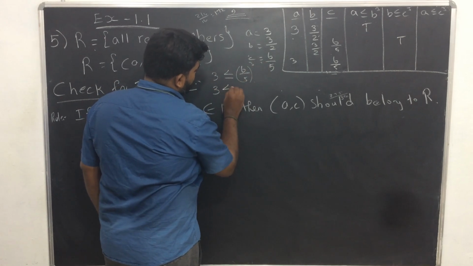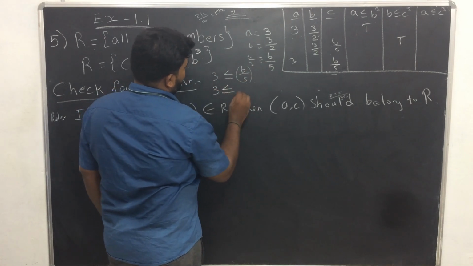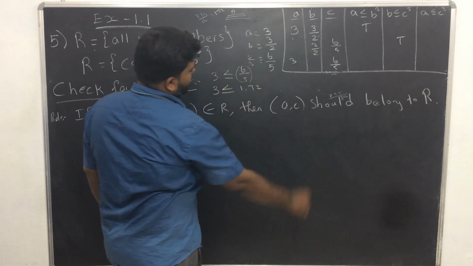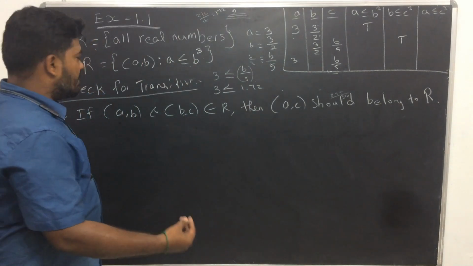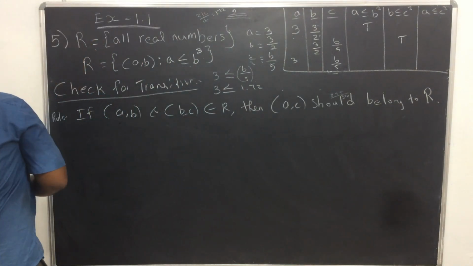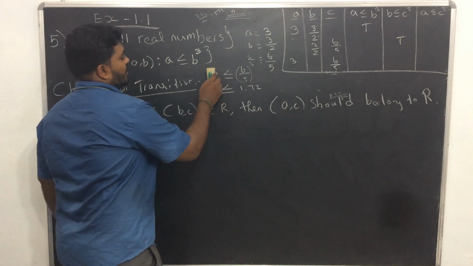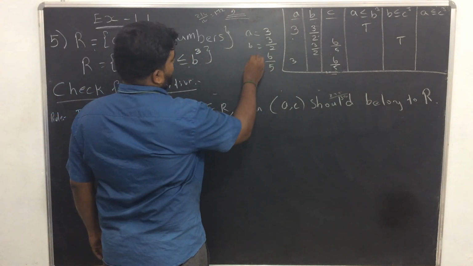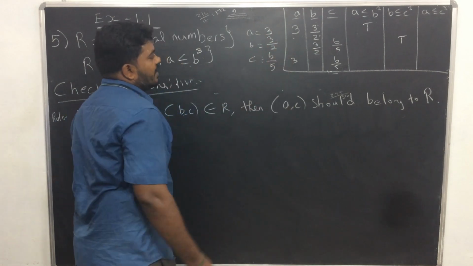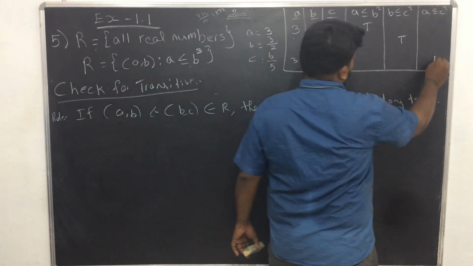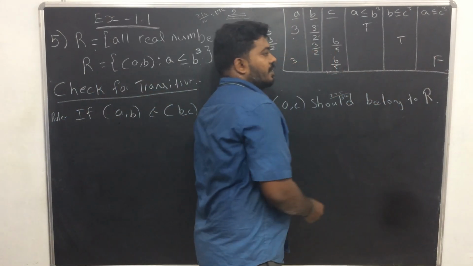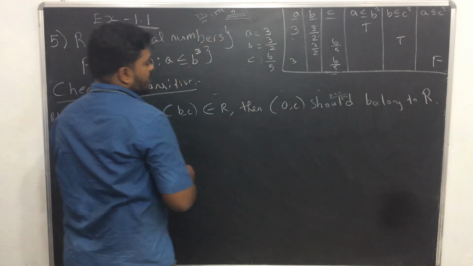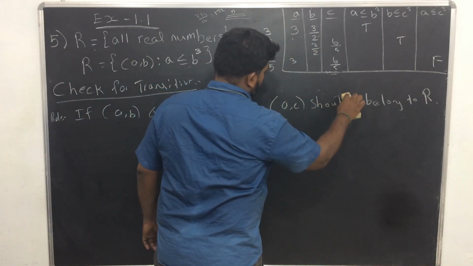So 3 is less than or equal to 1.72, which is going to be false. 3 is greater than 1.72. So, what do we conclude? We can conclude that finally, for this set of elements, this relation is not transitive. A comma C doesn't satisfy the condition.